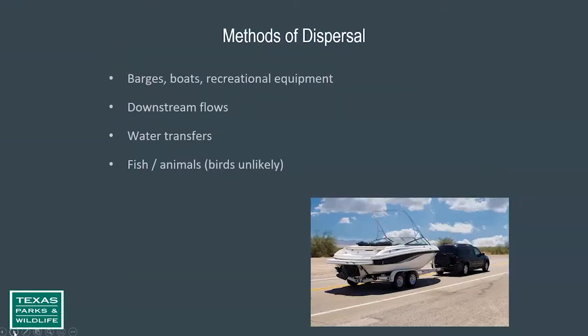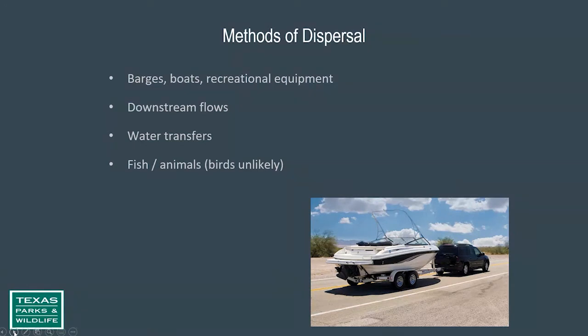As I mentioned, barges, boats, recreational equipment, that's the primary method of dispersal by folks. But once you get into a river system, or basically a watershed like the Trinity River, downstream flows from a reservoir will contaminate the rest of the reservoirs. So if you get it in an upper reservoir, all the ones below it are eventually going to get it in some form or fashion.